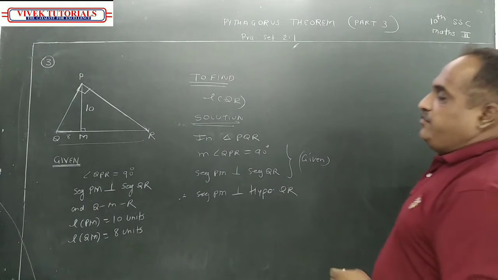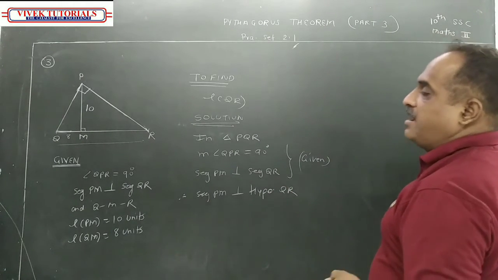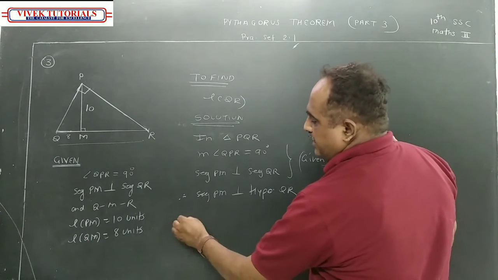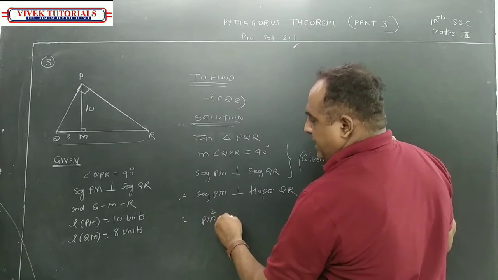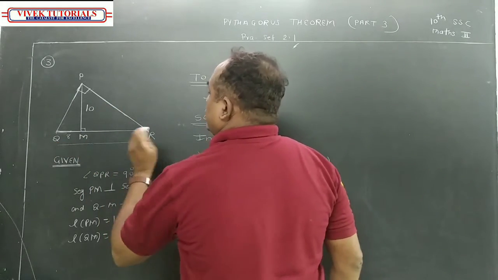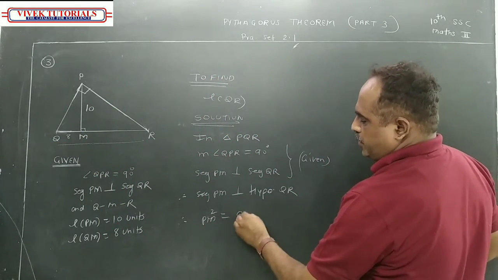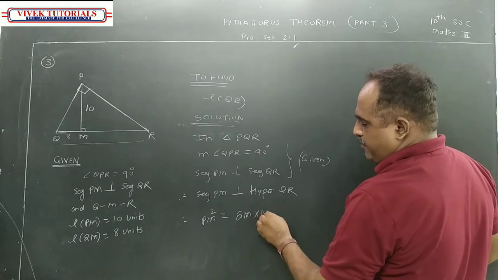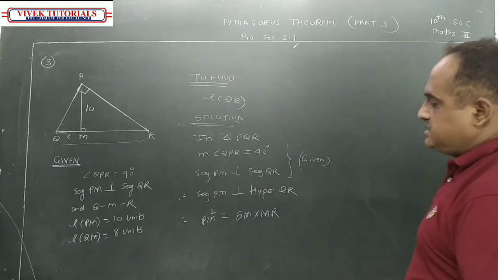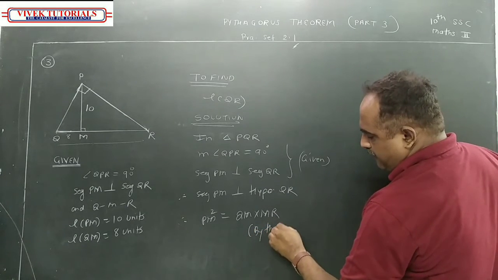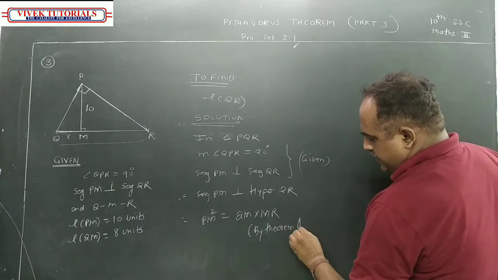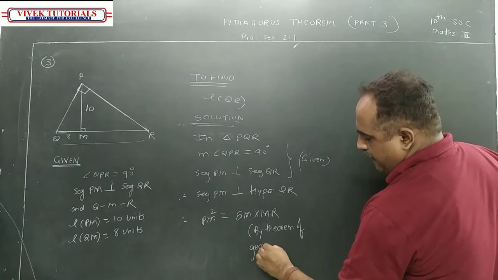Means we can apply the theorem of geometric mean. Therefore, PM square is equal to QM into MR. This is by theorem of geometric mean.